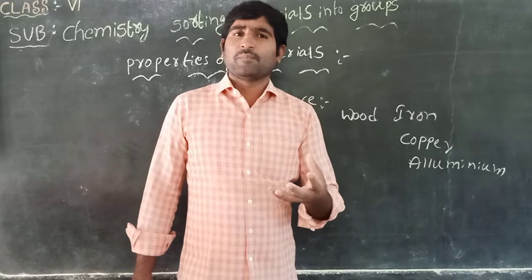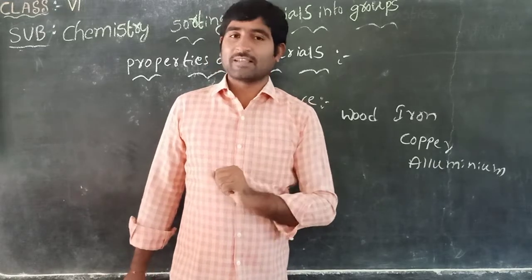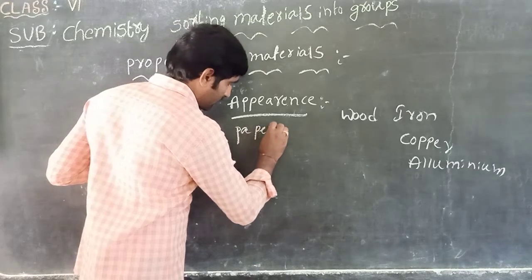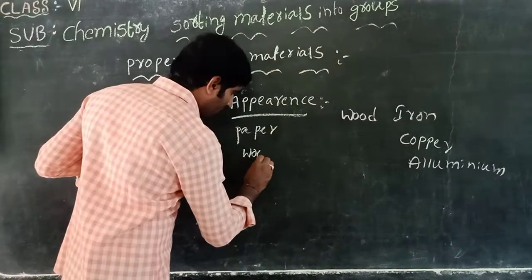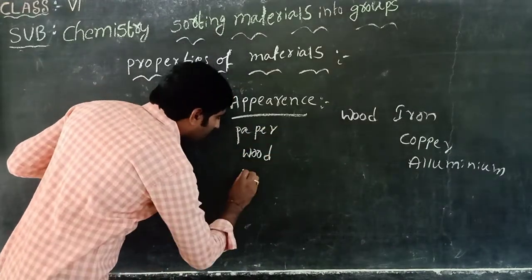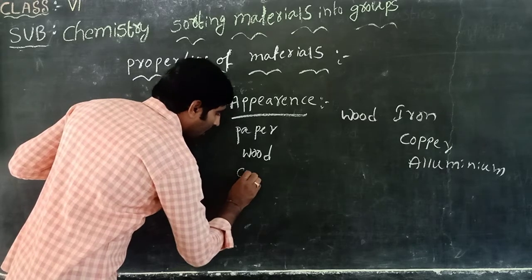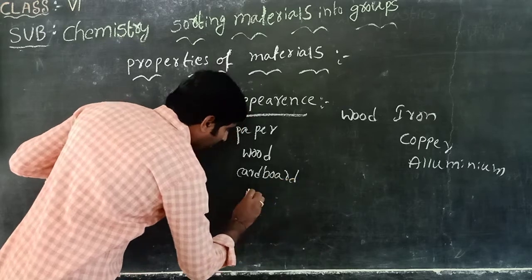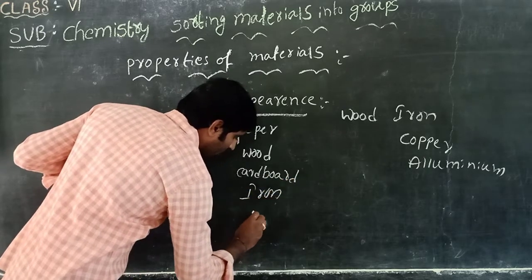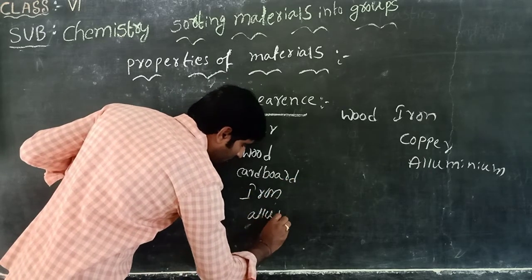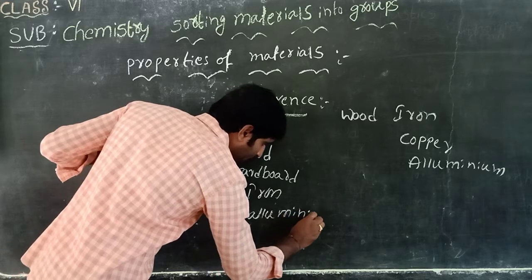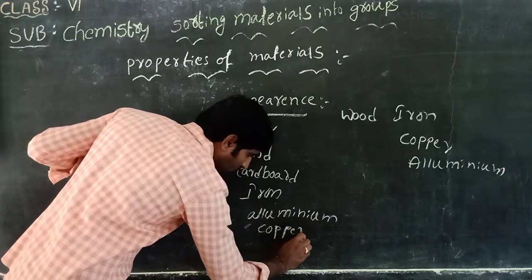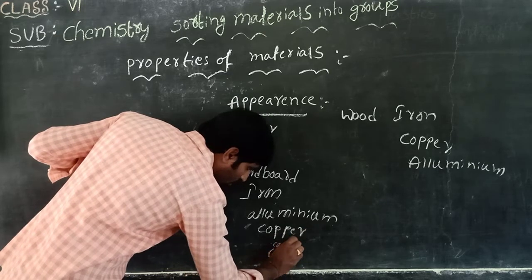Collect some pieces of paper, wood, cardboard, iron, aluminium, copper, gold.